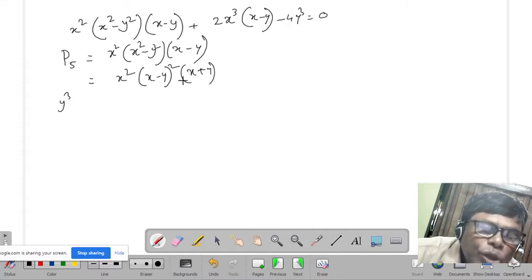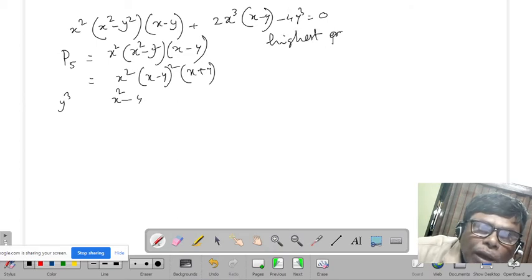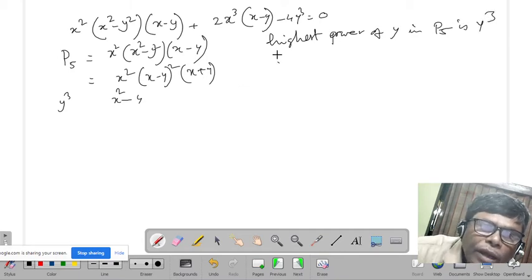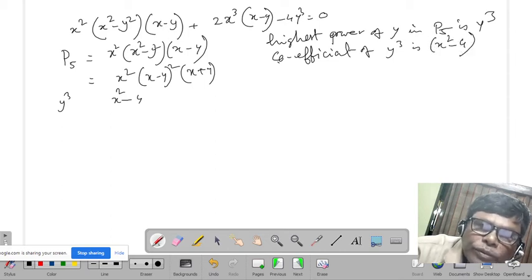The coefficient of y cube is x square minus 4. So the highest power of y in P5 is y cube, and the coefficient of y cube is x square minus 4. Got it?